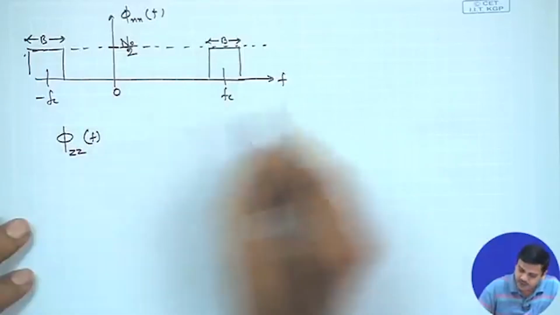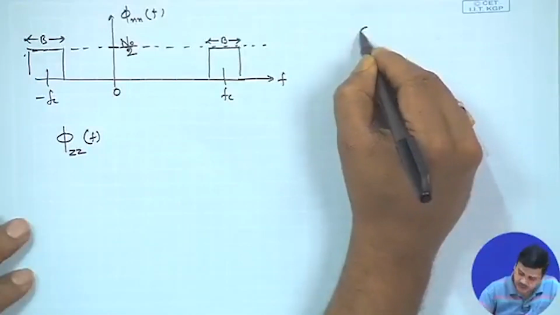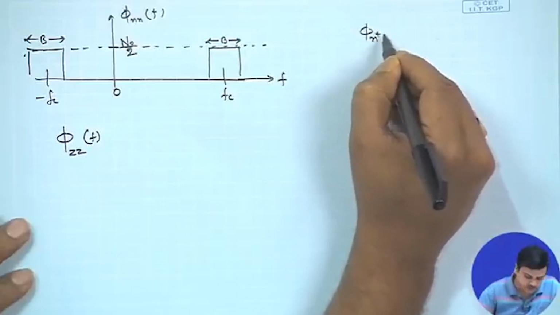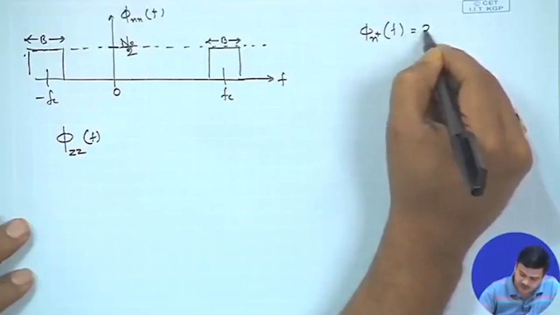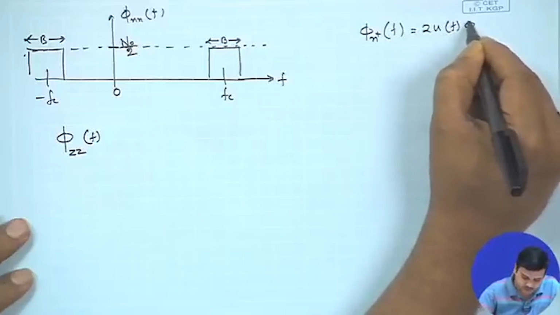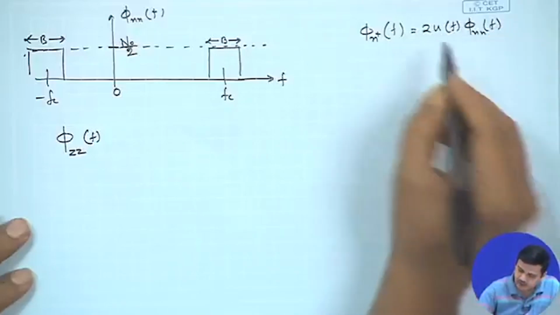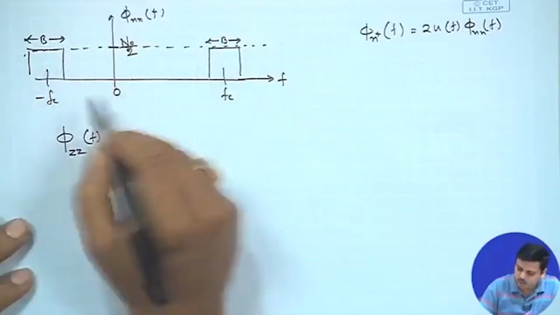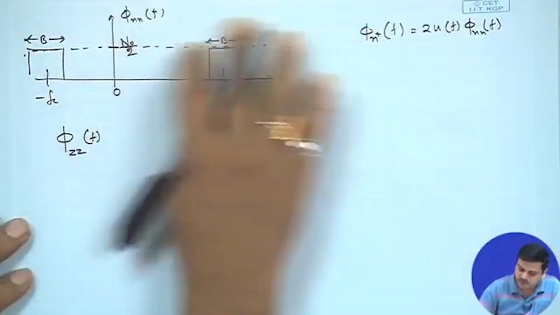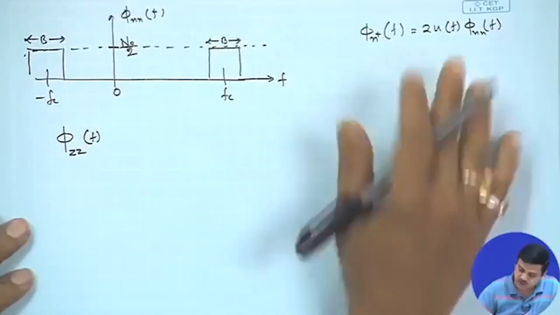As we had done before, we will take phi n plus, that means only the positive frequencies, as 2 u of f phi n n of f, 2 because there are two sides, and u means we take only the positive. So, this is one way of doing it.